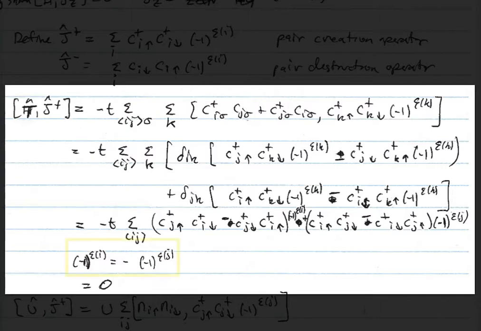It is using the fact that minus 1 to the epsilon of I is equal to minus 1 to the epsilon of J if I and J are nearest neighbor pairs. And that's because for nearest neighbor pairs, epsilon of I plus epsilon of J is always equal to 1. So you should carefully verify that identity, and then use that to show that the pair creation operator commutes with the hopping term.